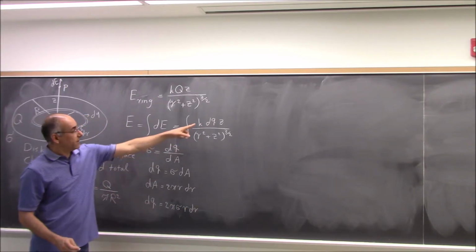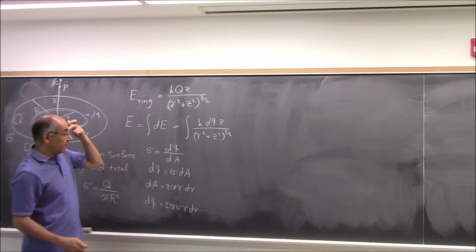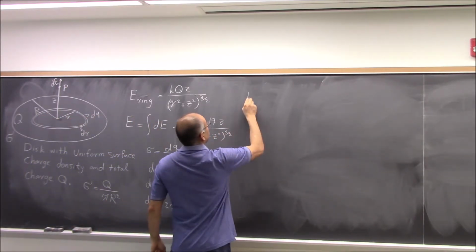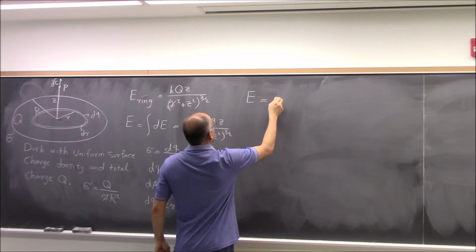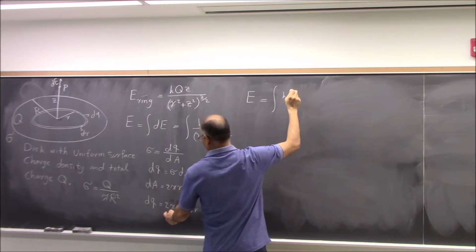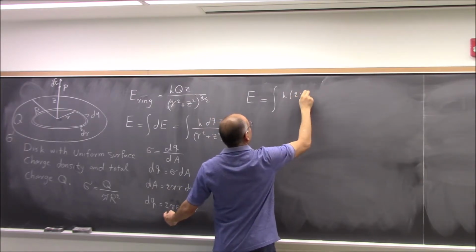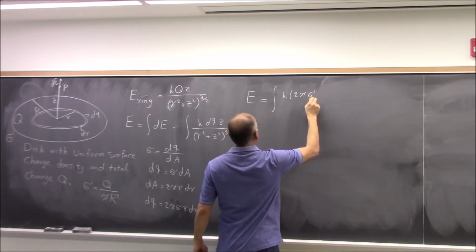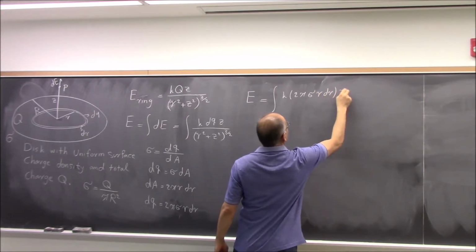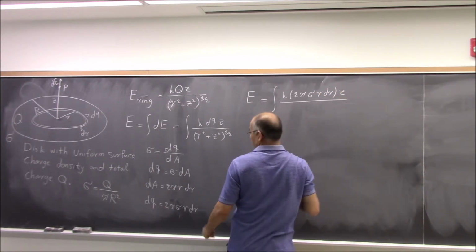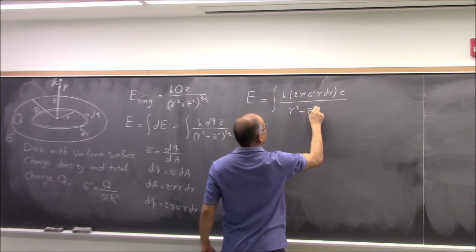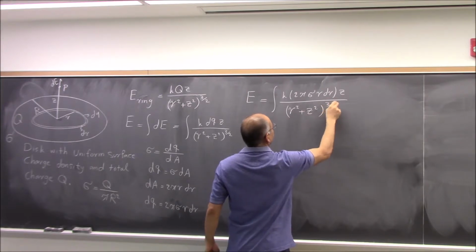So we put that in here and integrate over r, then E becomes the integral of k times dq, which is 2 pi sigma r dr, times z divided by r squared plus z squared to the 3/2.